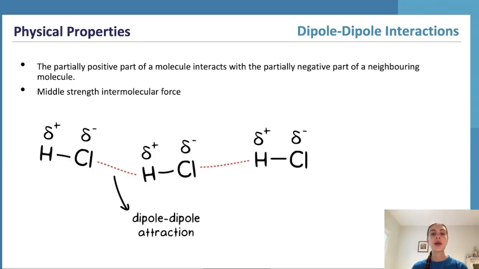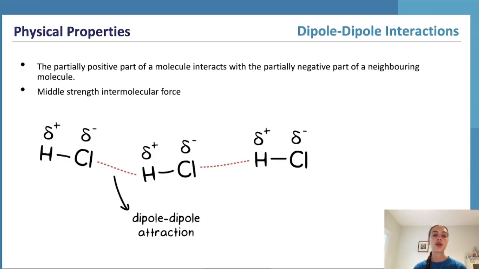The next one we can look at is dipole-dipole interactions. And so these occur when there's a partial positive and a partial negative dipole which occurs in a molecule, such as HCl, which is shown here. So because of an electronegativity difference between hydrogen and chlorine, there is an attraction of electrons to the chlorine part of the molecule because the chlorine part of the molecule draws the electrons towards it.